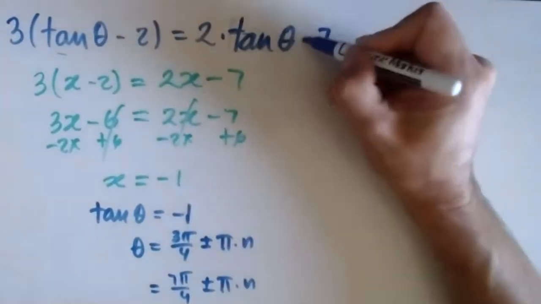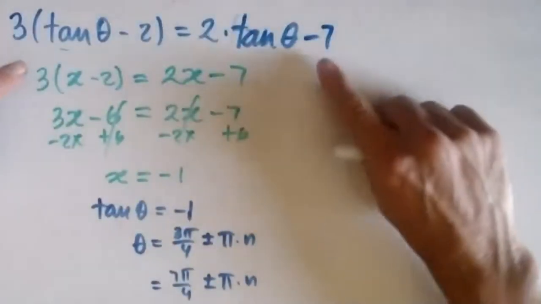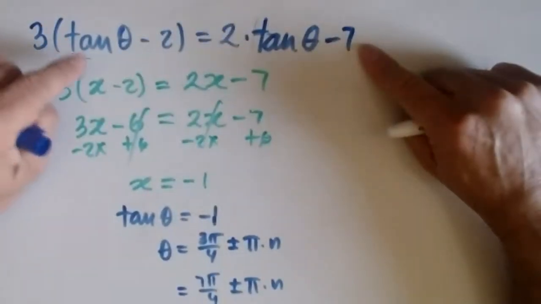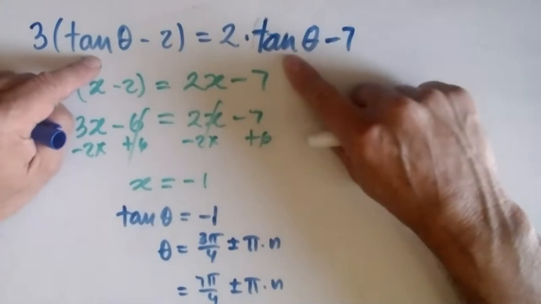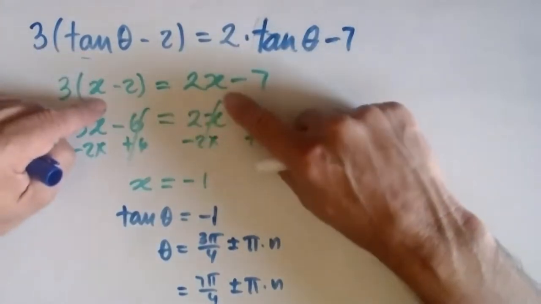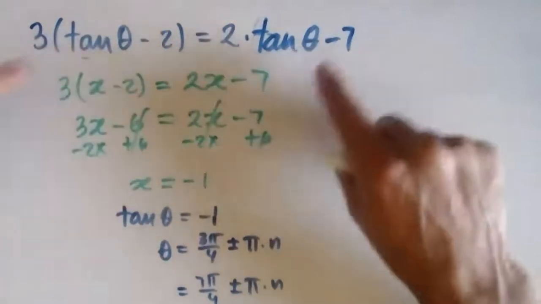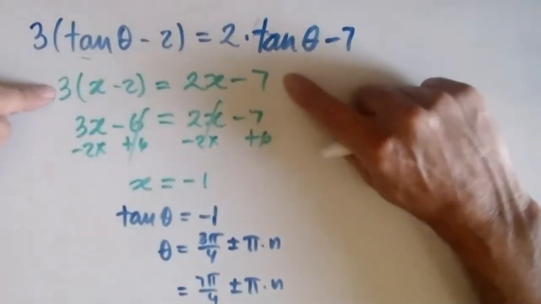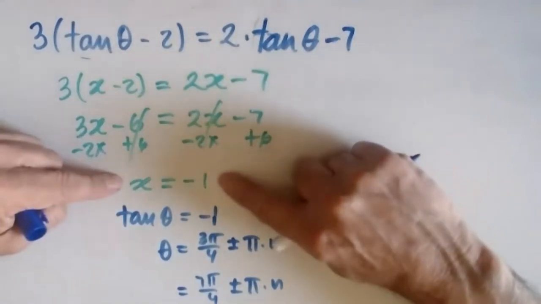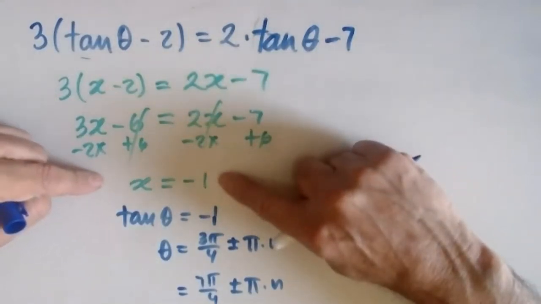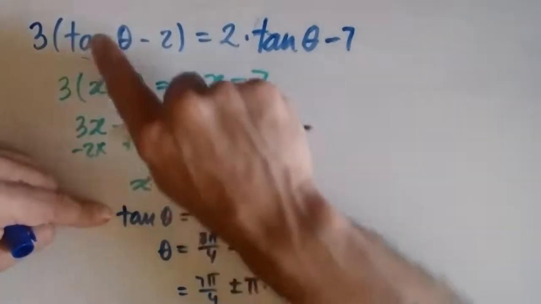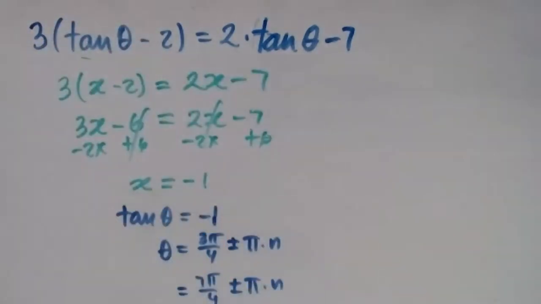So again, let me just review this problem again. I received this equation, scary equation, but I see this one and this one is a variable and they are the same. So I'm going to change this by the same x. So this equation that is scary became this easy one that is a linear. I solve my linear, I find that the x has to be negative 1. So the x has to be tangent. So I replace the x by tangent. And then I have tangent equals negative 1.